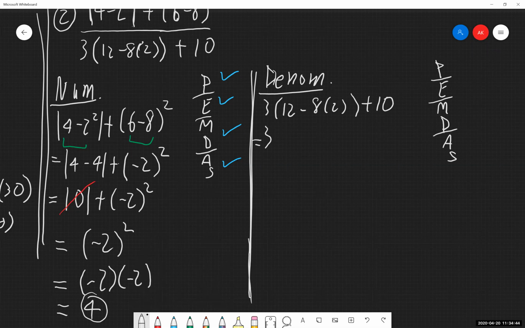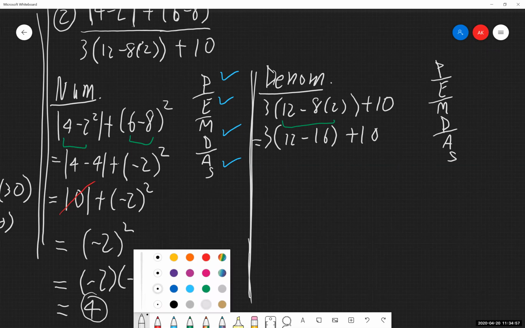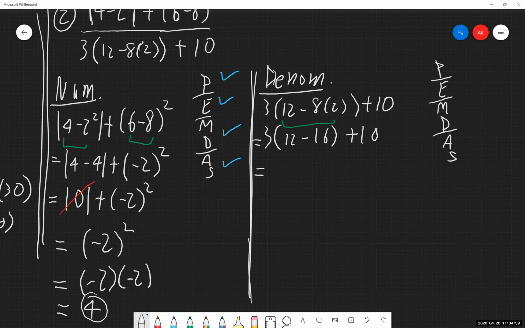I'm looking inside the set of parentheses first. What I can do in there, I can multiply. So I'm getting 16 there, plus 10. I'm still not done inside that set of parentheses. I can do 12 minus 16. So it could be a -4. There we go.